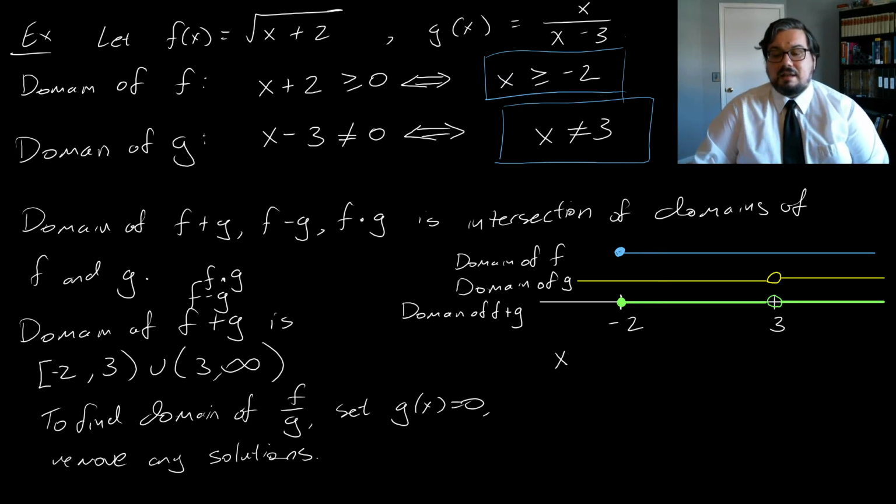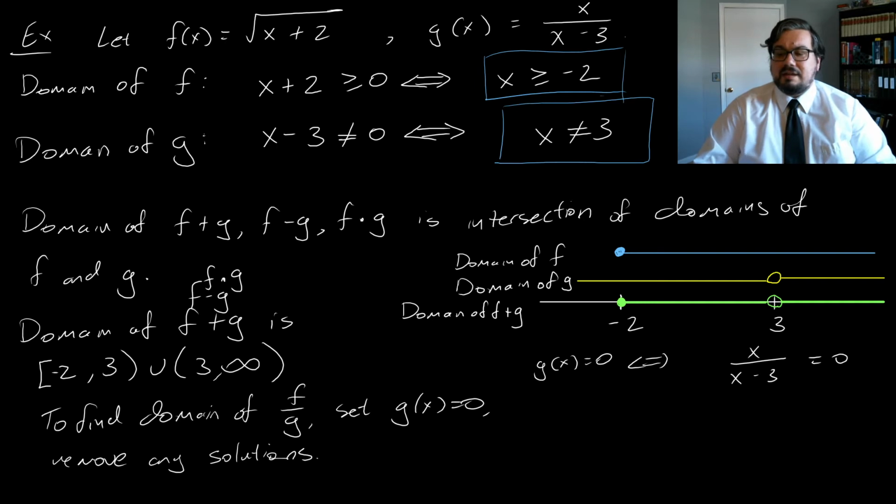We've got if g of x is equal to 0, that's the same thing as saying x over x minus 3 equals 0. And here we're going to solve for x. So we can multiply both sides by x minus 3 to get rid of that denominator.